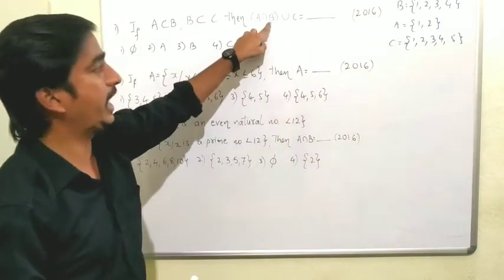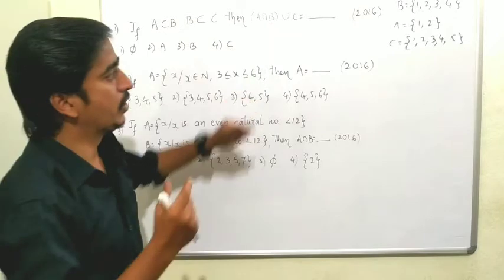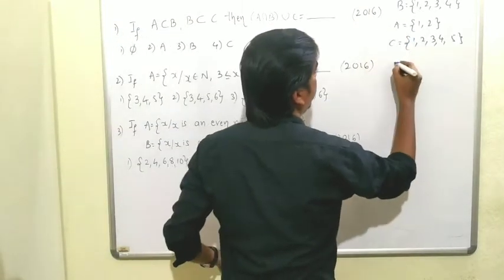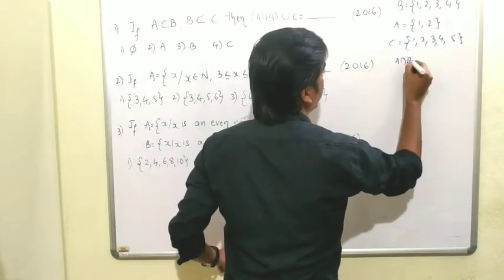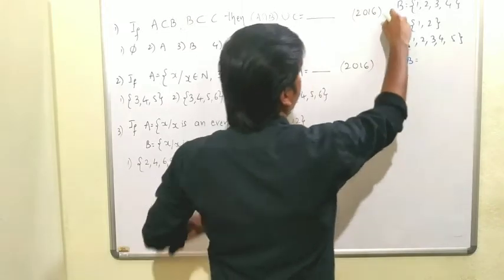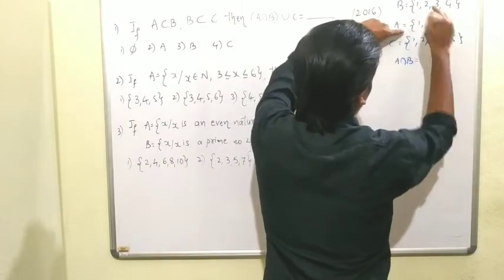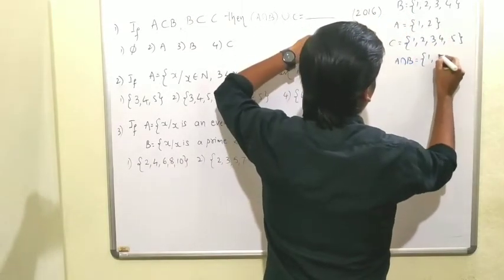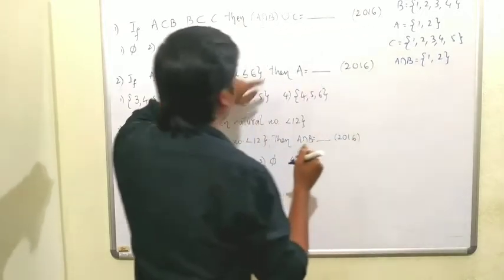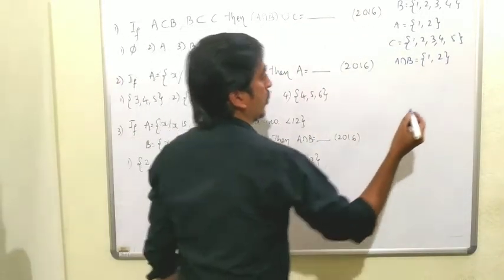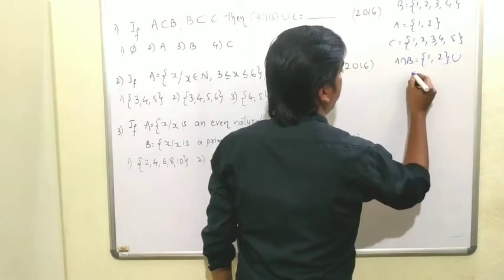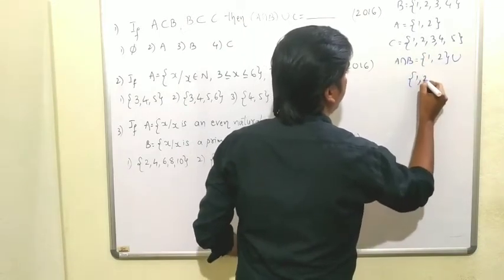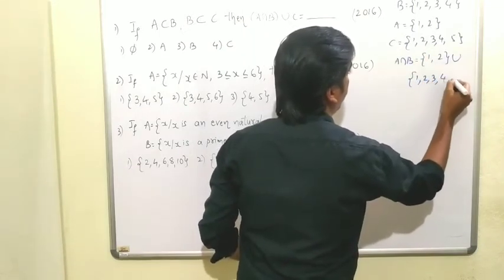Then it asks for A intersection B union C. A intersection B means the common elements in set A and set B. What is common here? 1, 2. So A intersection B is 1, 2. Union C: now combine this with the C elements, which are 1, 2, 3, 4, 5.